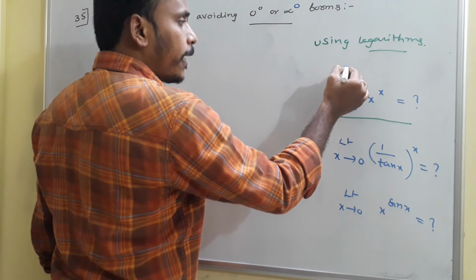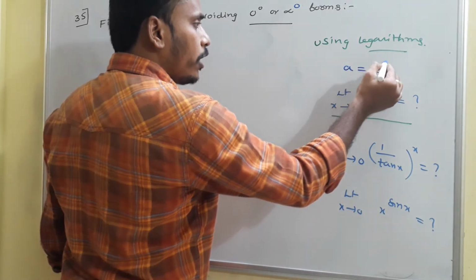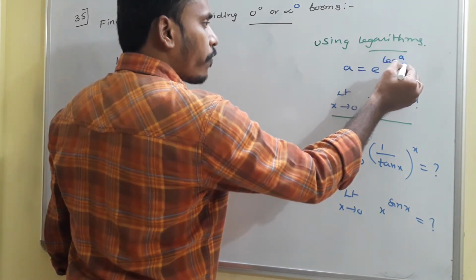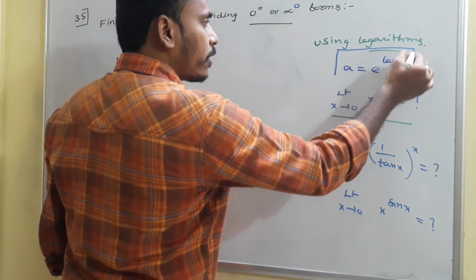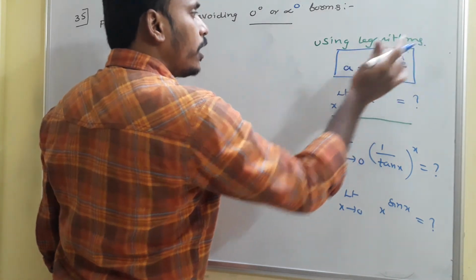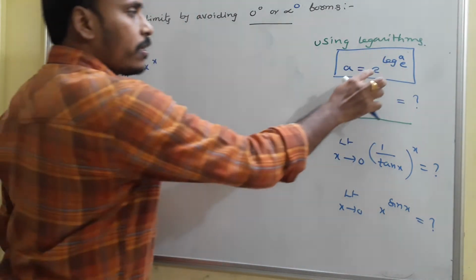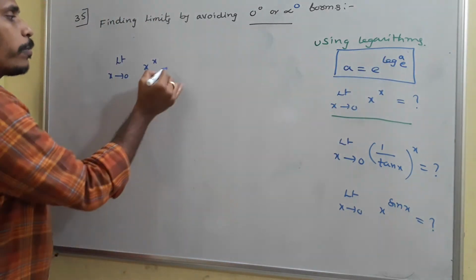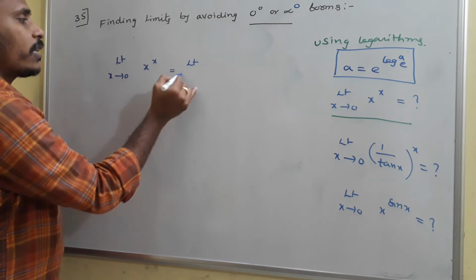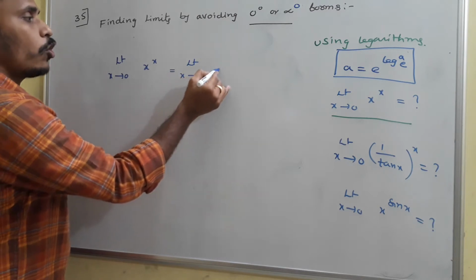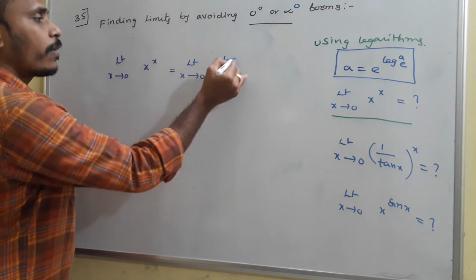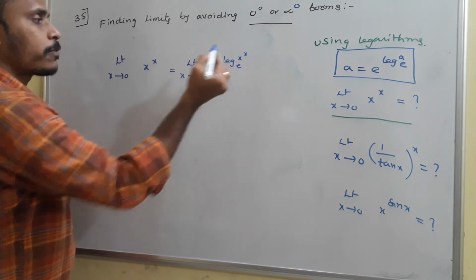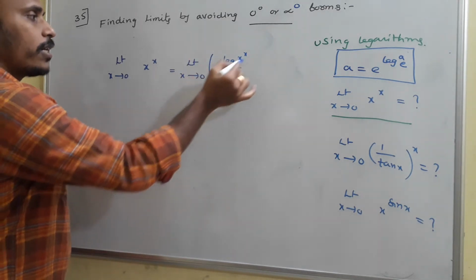What is that? a is equal to e to the power logarithm of a base e. You just identify it. Since these both are e's, this value is equal to a. With that particular idea, I will write it like this. Limit x tends to 0, e power logarithm of x power x base e. Very simple, just have a look.